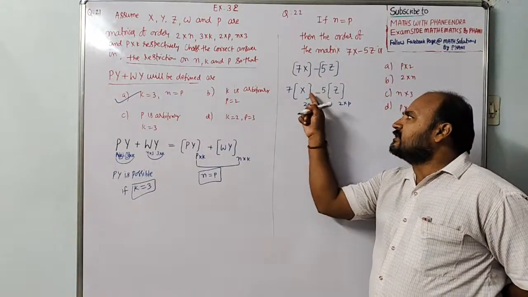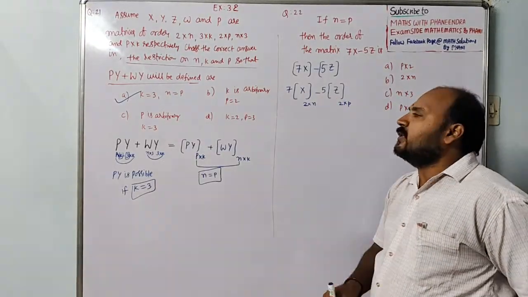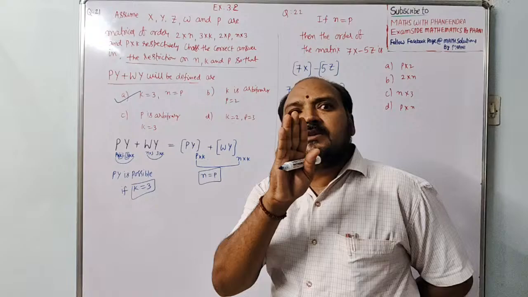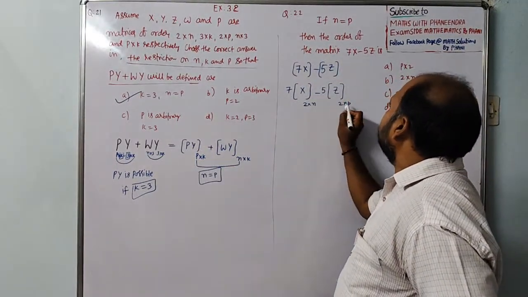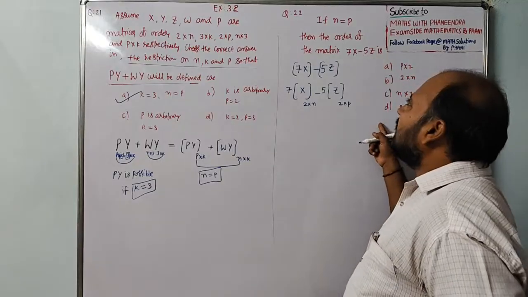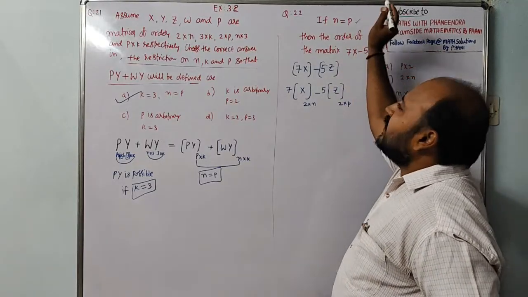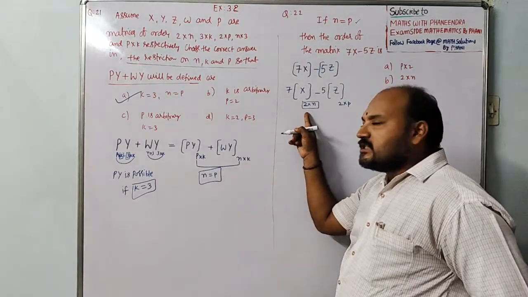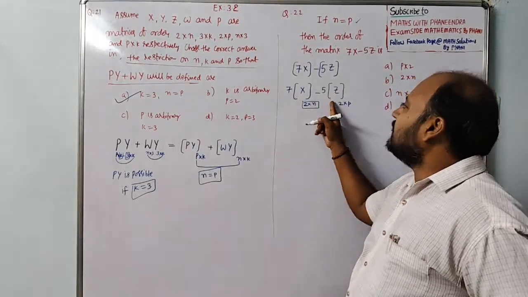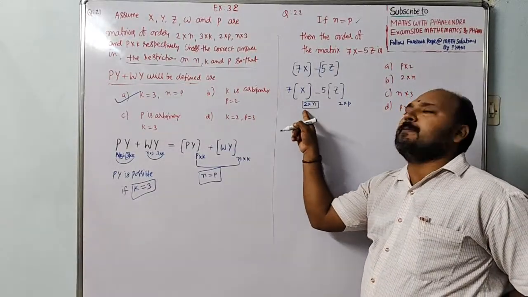So the difference of two matrices is possible for only same order matrix. Same order. Here 2 is there. No? So n is equal to p. Here they did not mention that. So n is equal to p, it is already given. So whatever the order for the first matrix is there, for the second matrix also, the order should be same, 2 by n only.